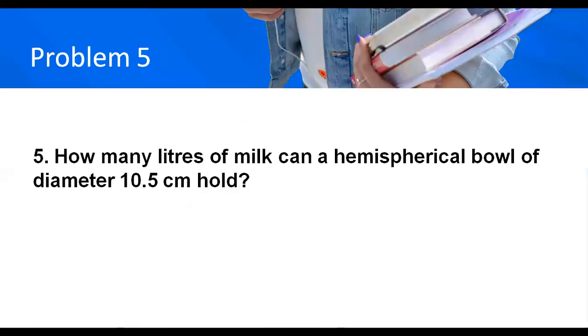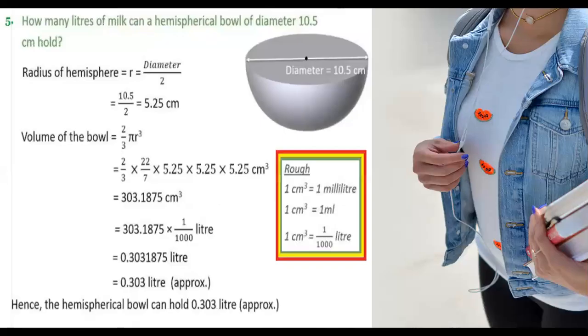Now coming to the fifth problem, how many liters of milk can a hemisphere bowl of diameter 10.5 centimeters hold? So here we are given a hemispherical bowl whose diameter is 10.5 centimeters. We need to find how many liters of milk this bowl can hold.